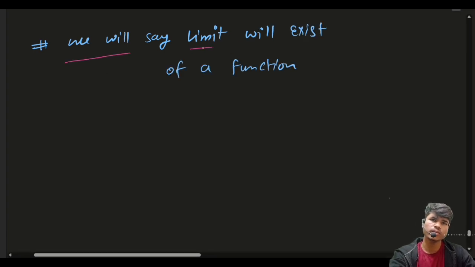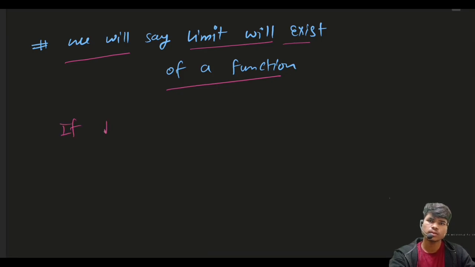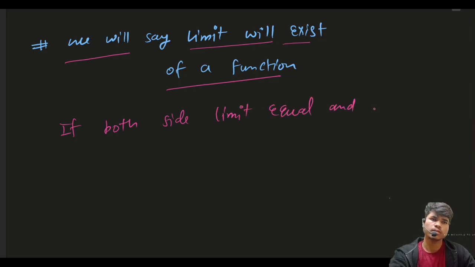We will say the limit of a function exists if both side limits are equal and a finite number.